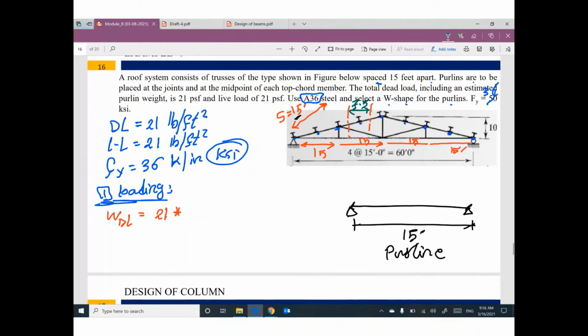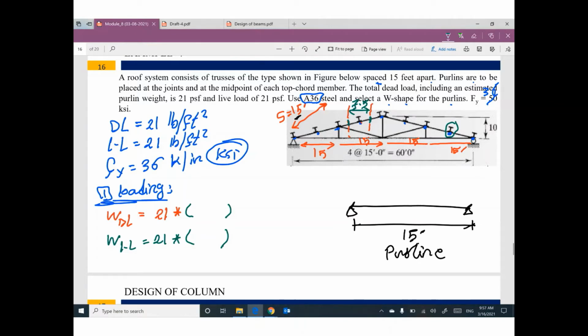The problem says we have purlin at the midpoint of the member. It's not the common case, but the problem says this. So if you measure the distance between this point and this point, it will be 7.5. So what is the value of W live load? It will be 21 times, what is the spacing?